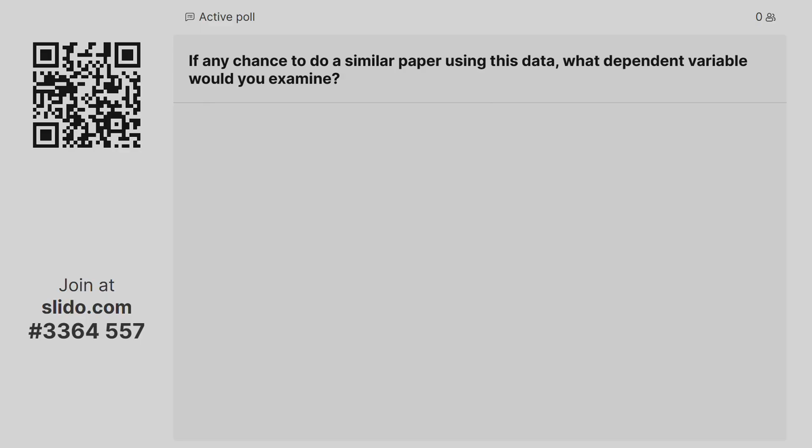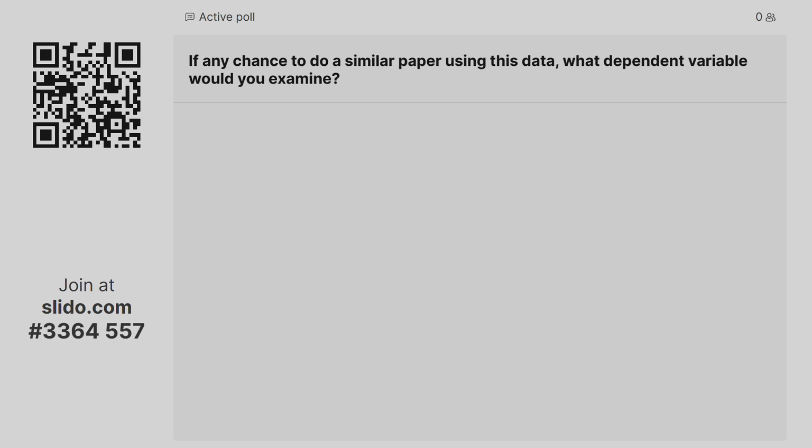And another, if you have any chance to do a similar paper using this data, I ask you, what dependent variable would you examine? Pick one. Open questions. This paper is doing cost of goods sold.